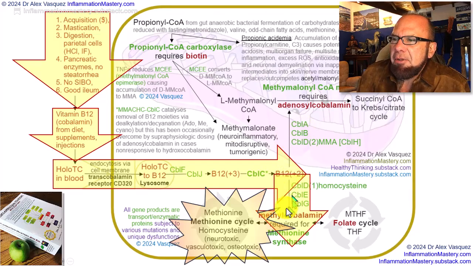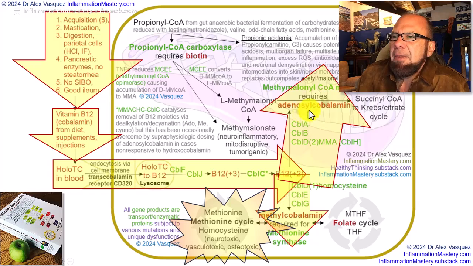The other route for B12, other than getting converted into methylcobalamin, is its conversion into adenosylcobalamin. Adenosylcobalamin is the cofactor for the enzyme methylmalonyl-CoA mutase, which converts L-methylmalonyl-CoA into succinyl-CoA, which gets metabolized, or we might say burnt off, within the Krebs cycle or the citrate cycle within the mitochondria.